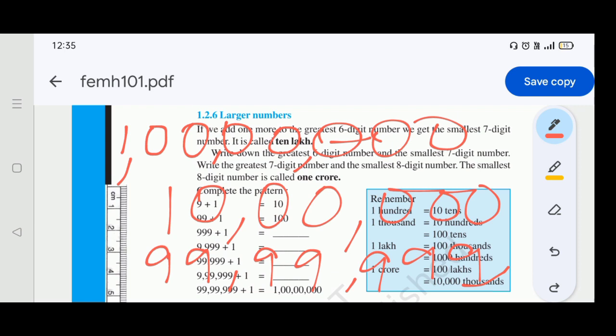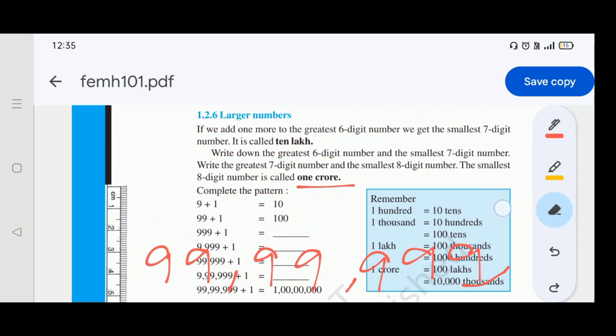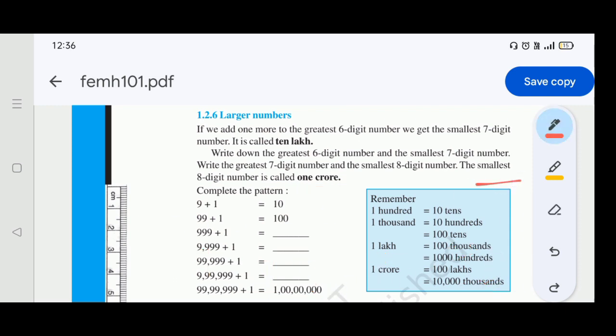This is the smallest 8-digit number, which is nothing but 1 crore. Here it is already given that the smallest 8-digit number is called 1 crore.